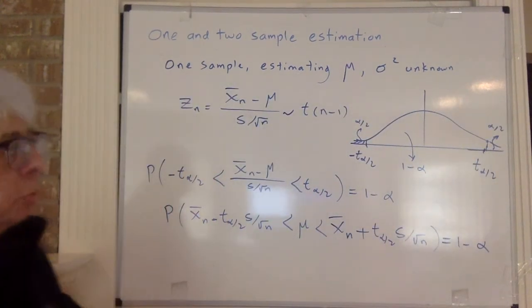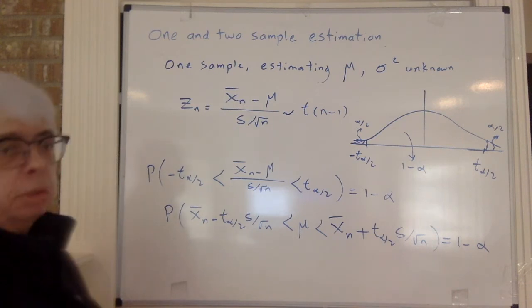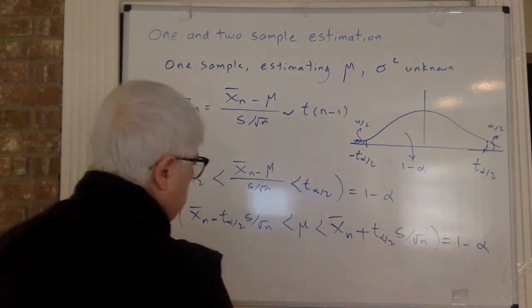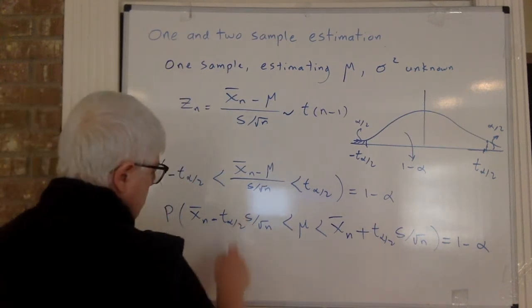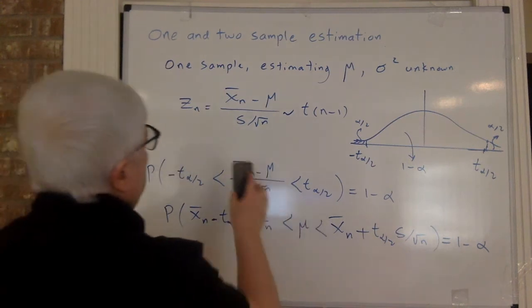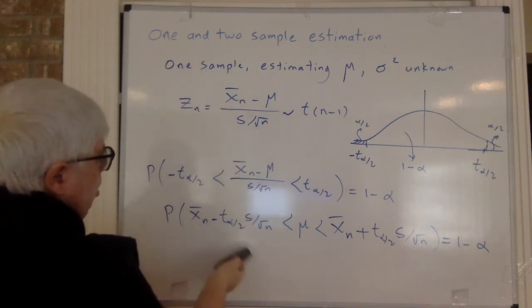So it's very similar to the other one, except the distribution of the estimator is the t distribution, not normal distribution. So we get a similar result, except we have t distribution and we should calculate s. So this is the estimator, this is the process, and this is what we get.